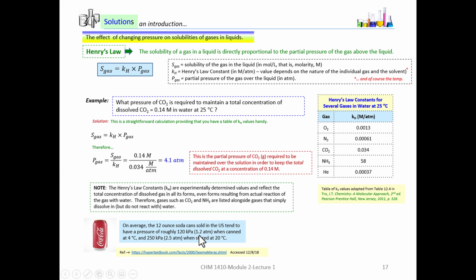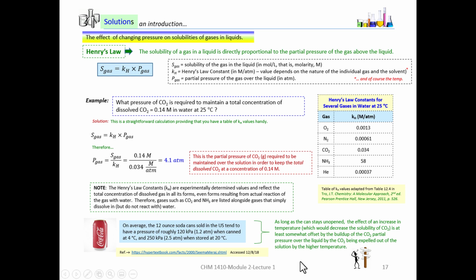That would be about 1.2 atmospheres over the soda, when canned at 4 degrees C. And if you allow the can to come up to close to room temperature, the pressure increases, of course, because at the higher temperature, CO2 wants to escape from the solution. It's less soluble, so the pressure builds up above the solution of the soda in the can.